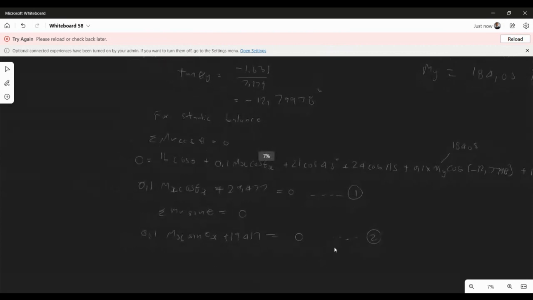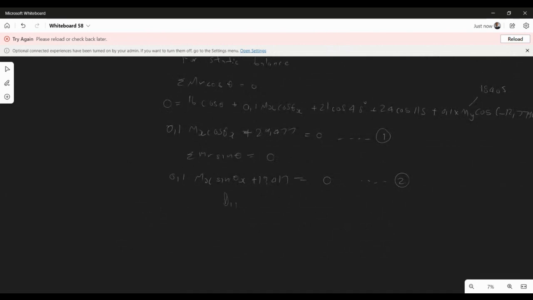And then again, we divide 2 into 1, obviously, so we can get tan, that's right here. And you're left with tan theta x is basically equal to negative 19.417, which is that there coming over, minus 29.477. And we can just simplify theta x.